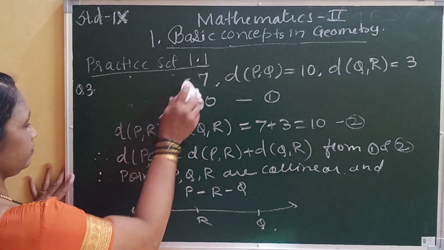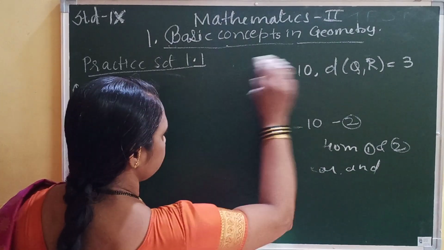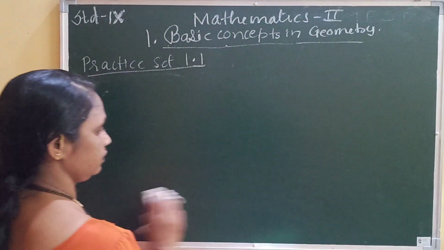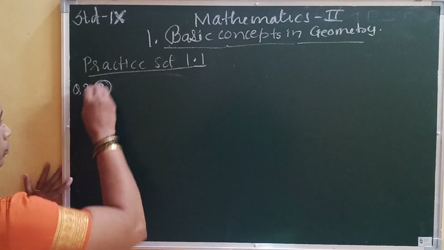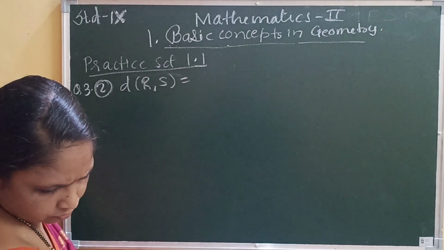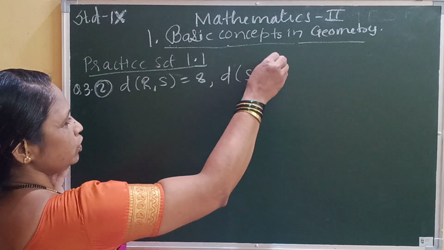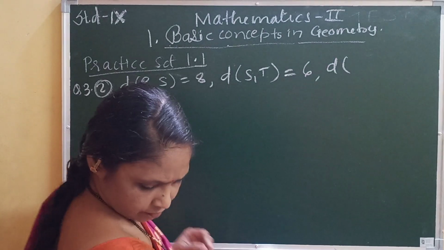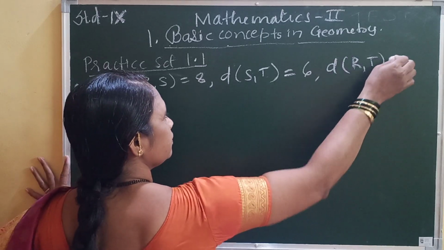Now the second question, question number 2: distance RS is equal to 8, distance ST is equal to 6, and distance RT is equal to 4.